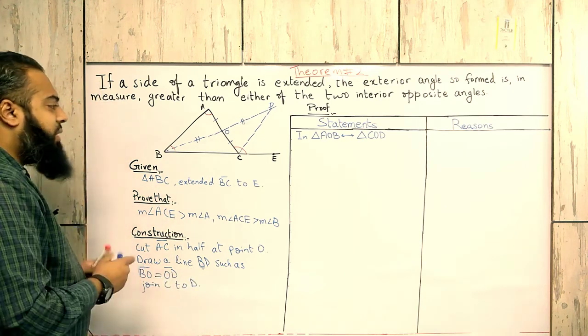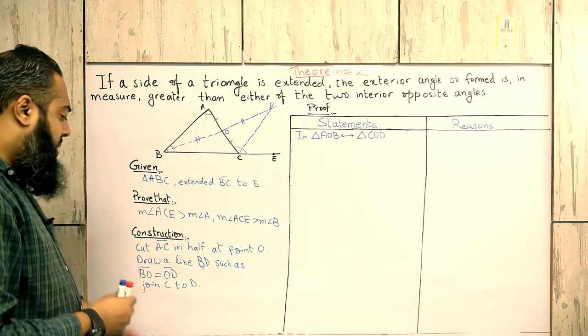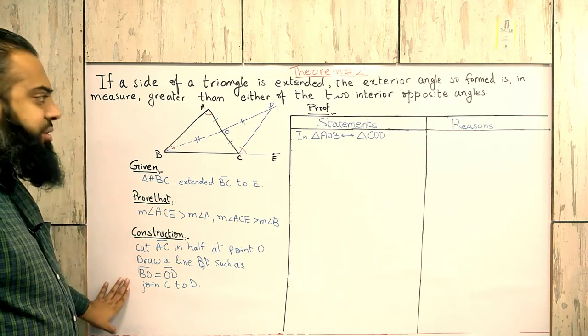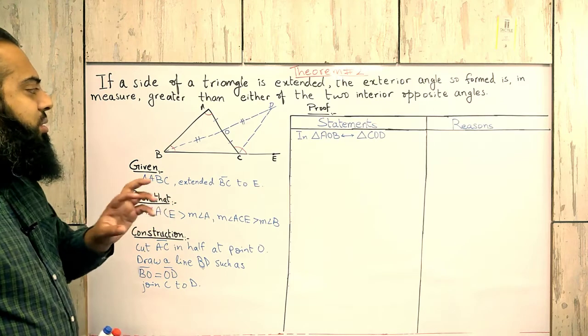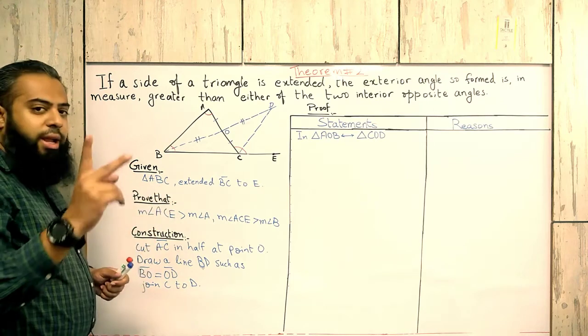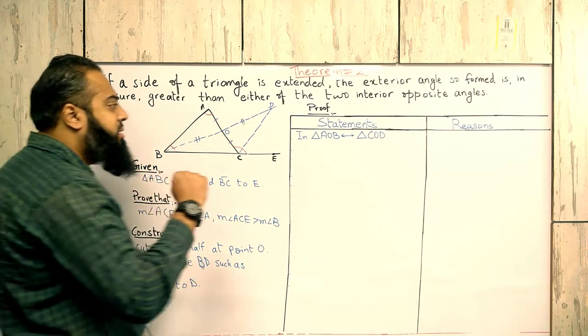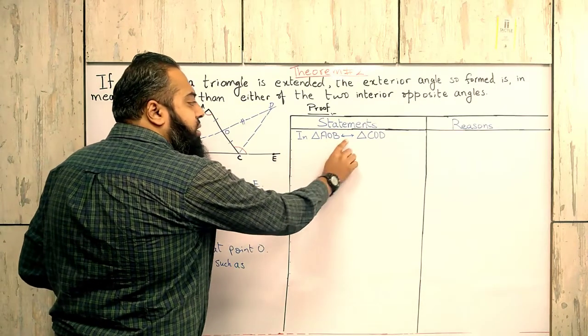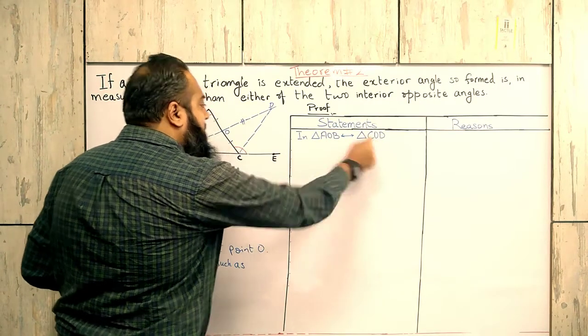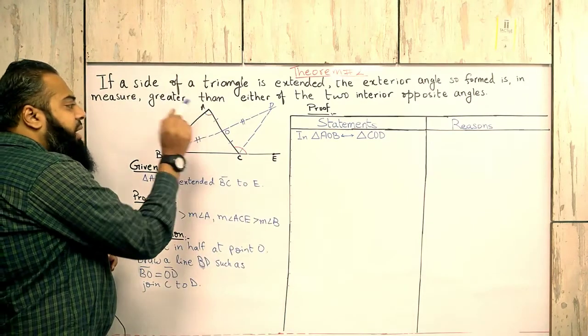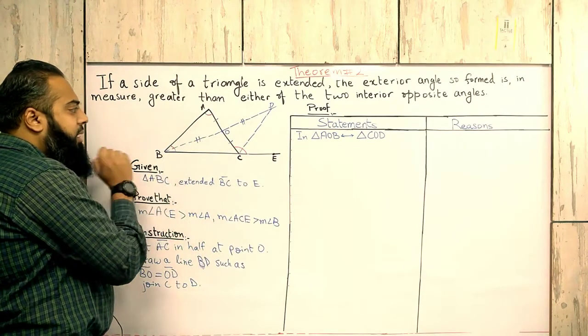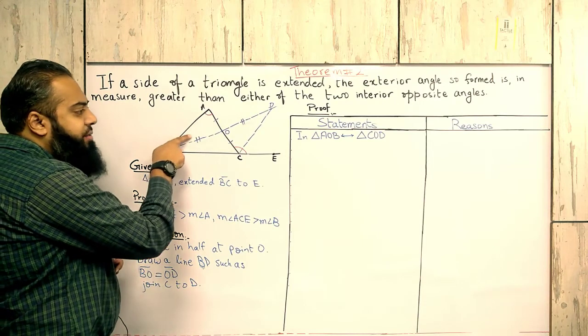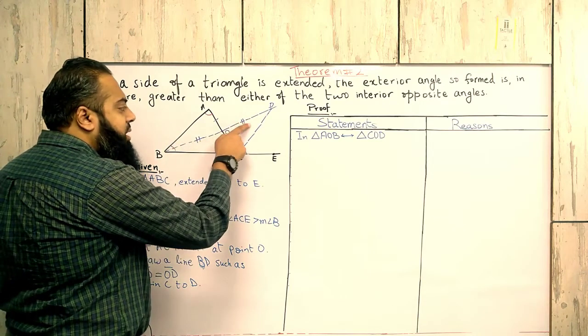So what do we have over here? After this construction, we have two triangles in correspondence, and these two triangles are triangle AOB and triangle COD. Triangle AOB, this triangle, and triangle COD, this triangle.